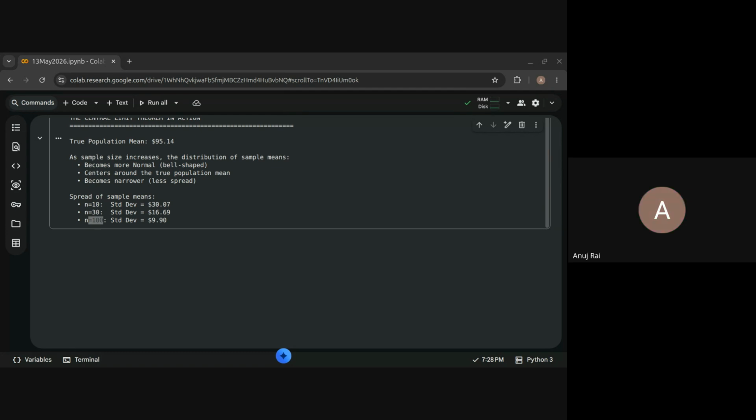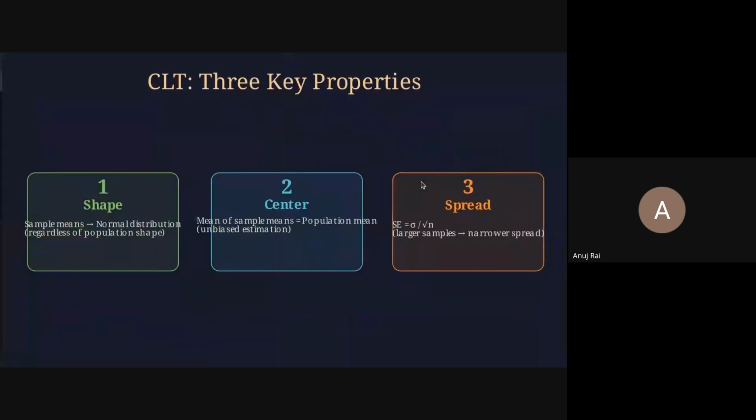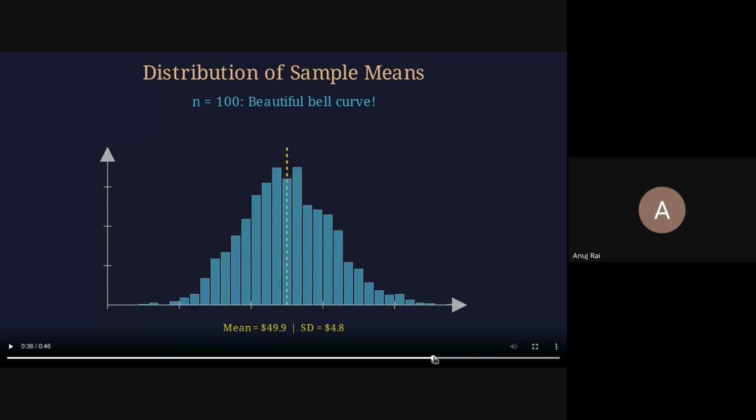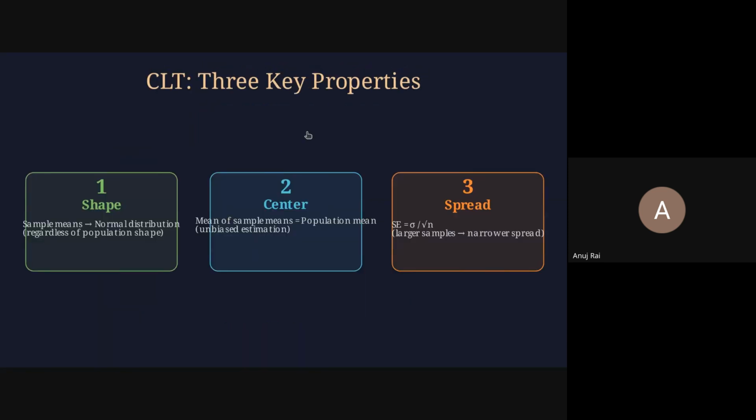Now let's try to understand the concept of standard error. In the central limit theorem, when we talk about its three properties, first the shape: the sample means we collect form a normal distribution regardless of the population shape.